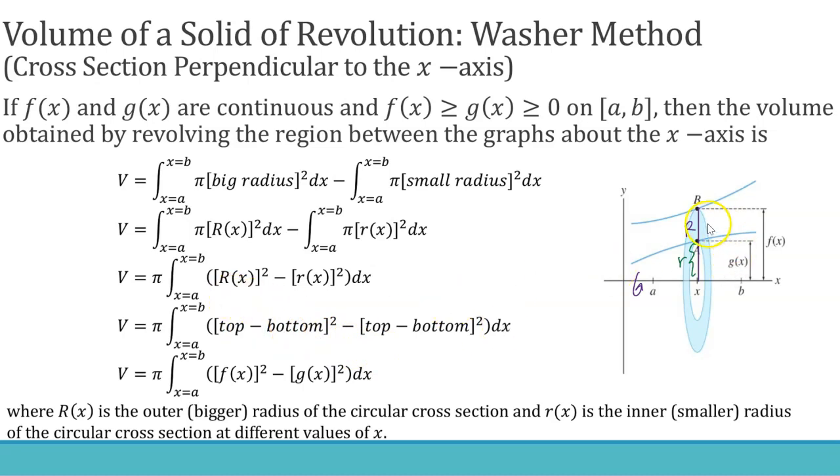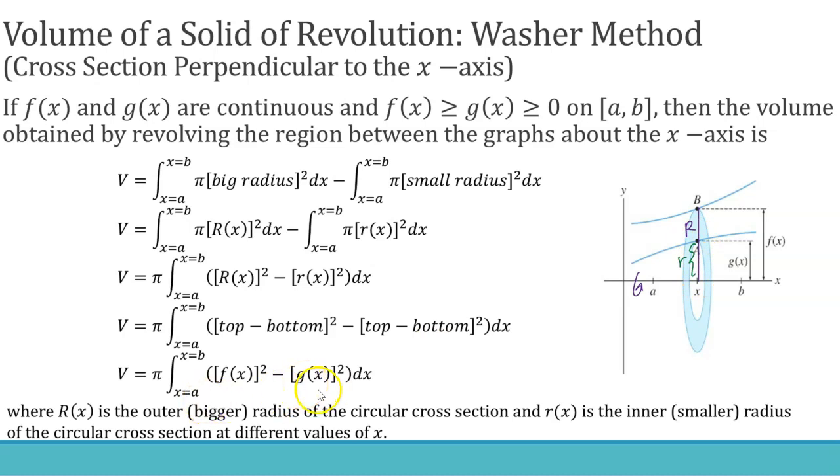So for this problem, the top function up there is f of x. So f of x minus 0, the x-axis is 0, so we have f of x squared. And then the smaller radius, top minus bottom, is g of x minus 0.